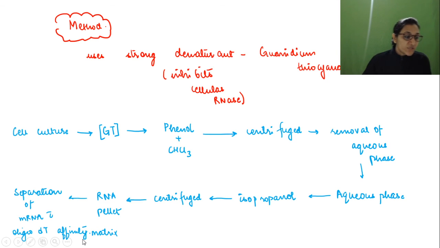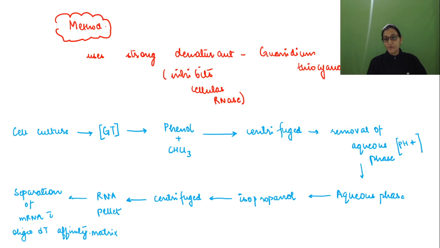So isolation and purification of mRNA from tissue or cell culture using guanidium thiocyanate and an oligo DT matrix, or oligo DT cellulose column, is done. This purification method is based on the finding that RNA preferentially partitions to the aqueous phase in a solution containing guanidium thiocyanate at pH 4 in the presence of phenol and chloroform.